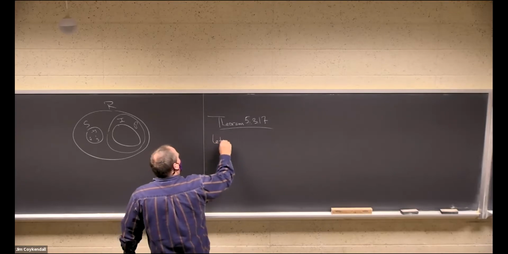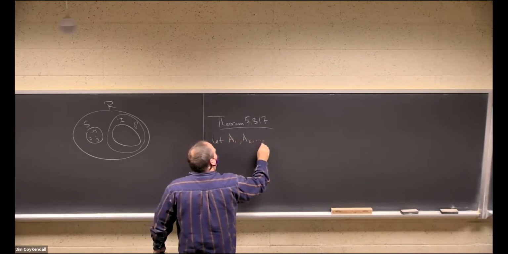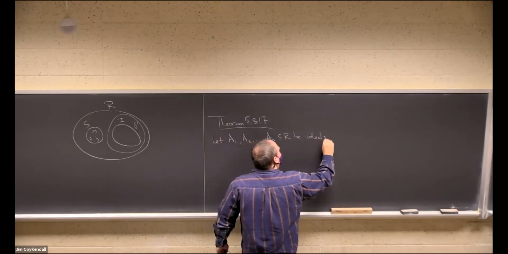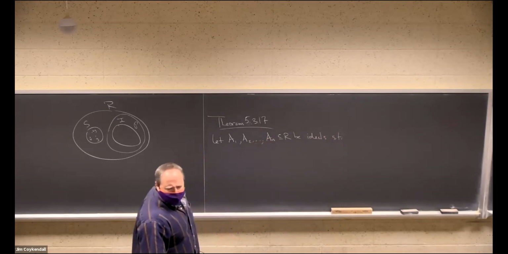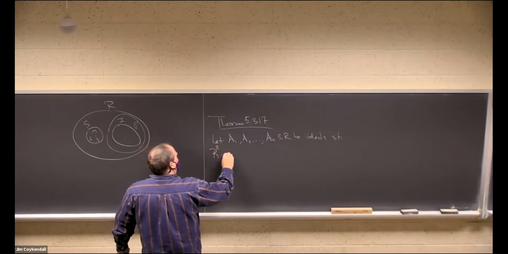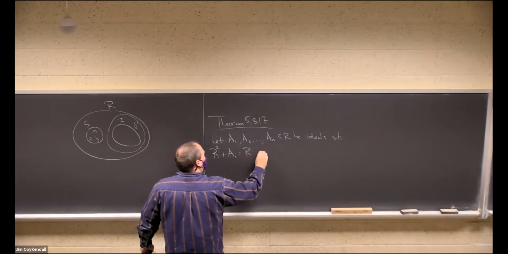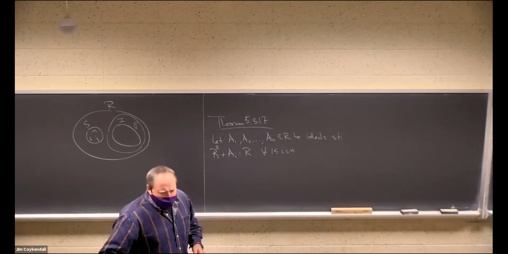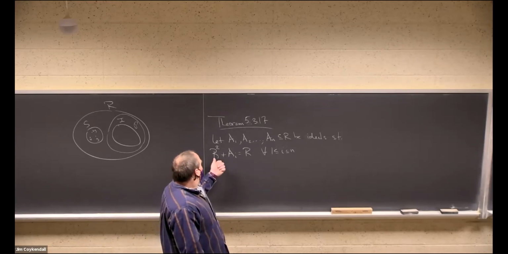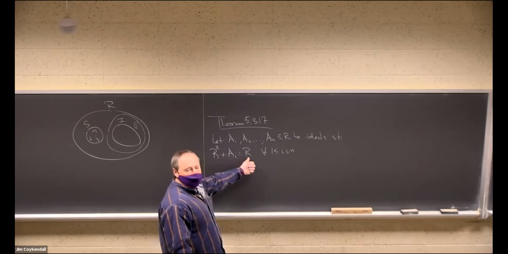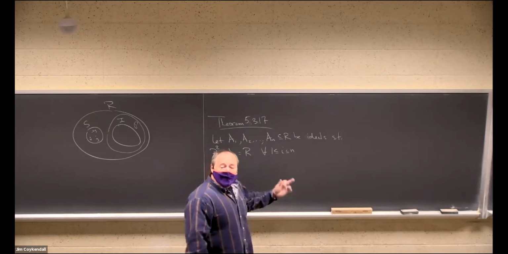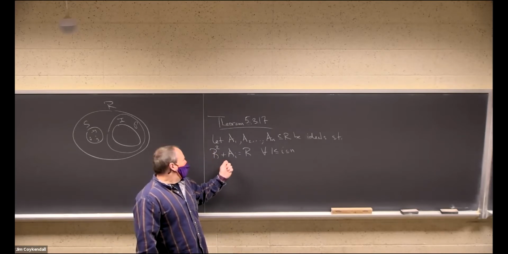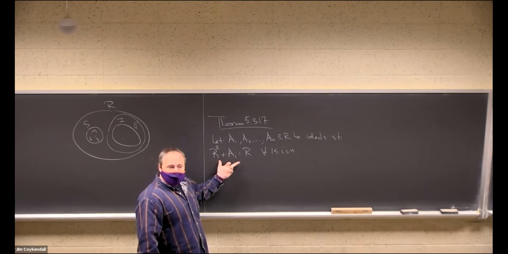Let A1, A2, ..., An be ideals such that, and let me point out, this is a kind of weird condition, R squared plus AI generates the whole ring for all I. In particular, this condition always holds if R has an identity, or in fact if R squared equals R, more generally.